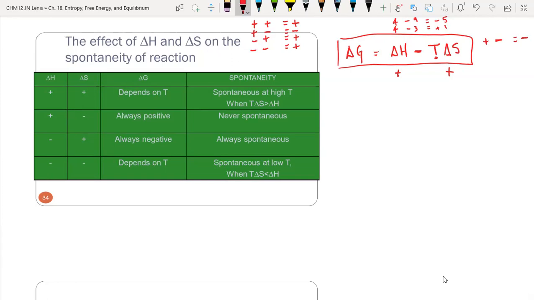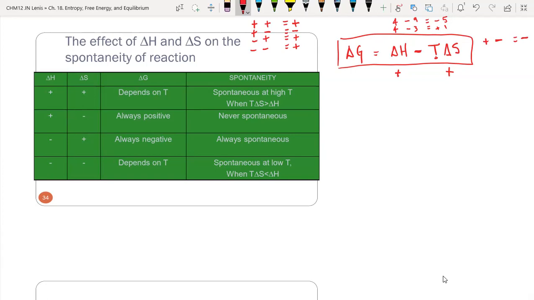If temperature is low, this number will become smaller at some point, and the whole thing will become positive, non-spontaneous. If this temperature is high, this term will become higher than this eventually, and everything will be negative for a spontaneous process.